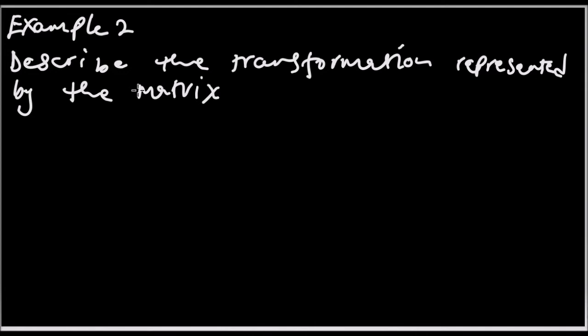The matrix that we have been given is 0, 1 and 1, 0. So this is a 2 by 2 matrix.